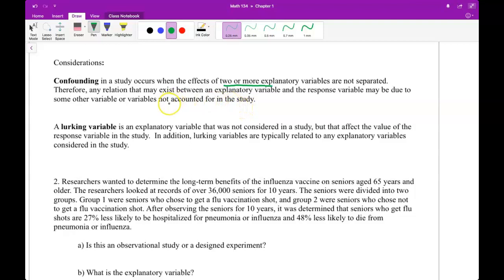What that means is that we may have other explanatory variables that are missing here, and we didn't consider those, but actually they are affecting our outcome or our response variable.